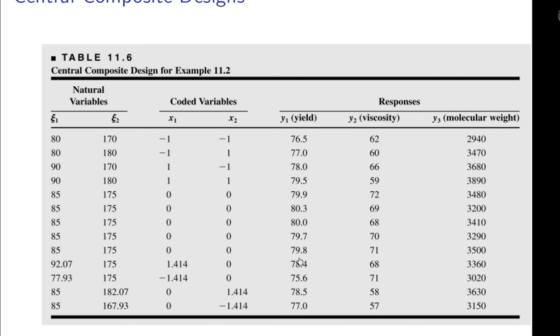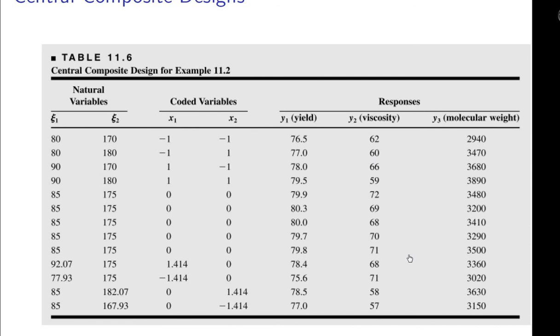For this particular experiment, there were 3 different response variables: the yield of a chemical process, the viscosity of the fluid, and the molecular weight of the material. The coded variables represent the design matrix, and this represents the complete data frame, including the design as well as the 3 response variables.